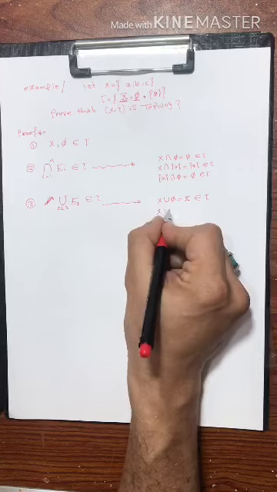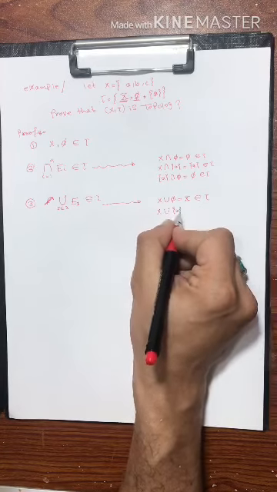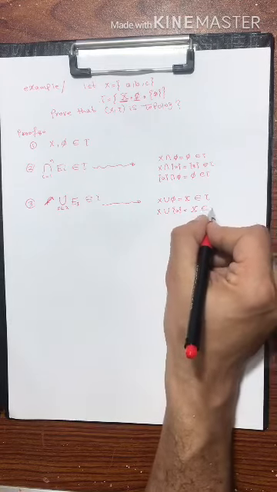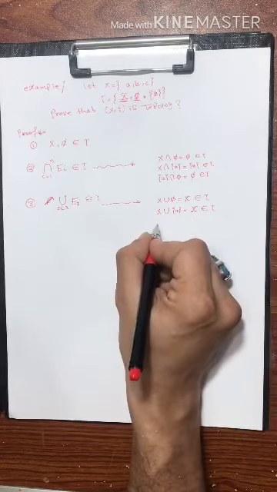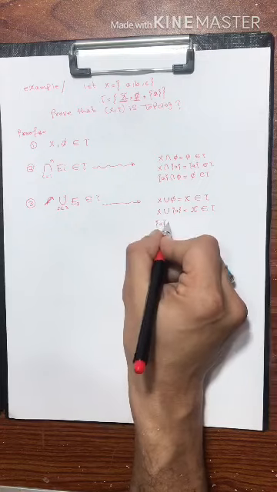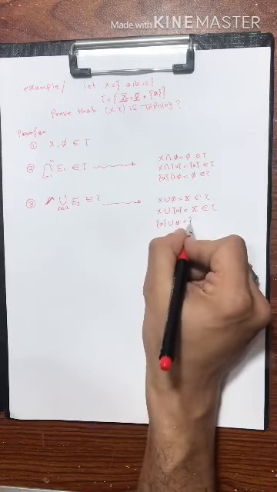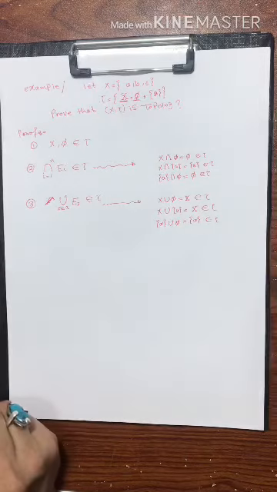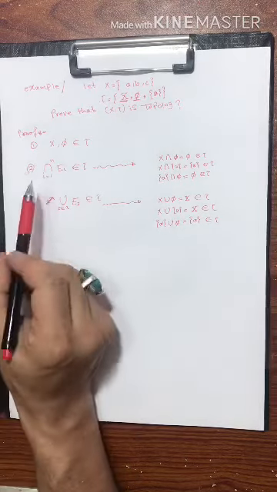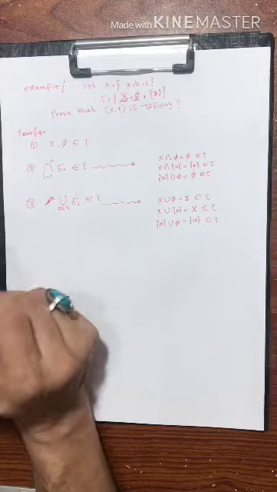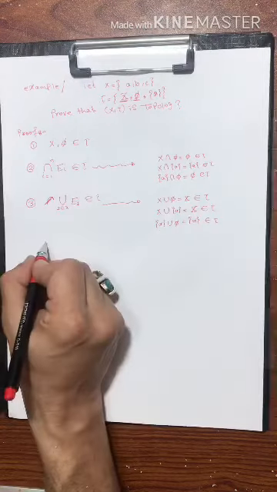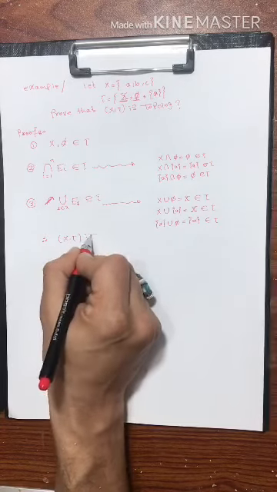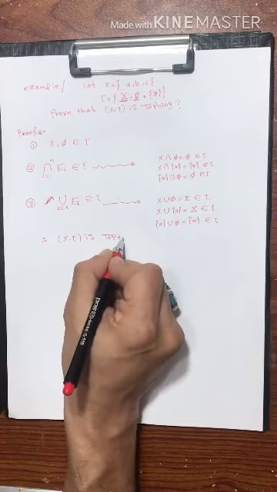Now X union subset A equals X, and X belongs to tau. Now take subset A union phi equals subset A, and subset A belongs to tau. Now these three conditions hold. That means (X, tau) is a topology.